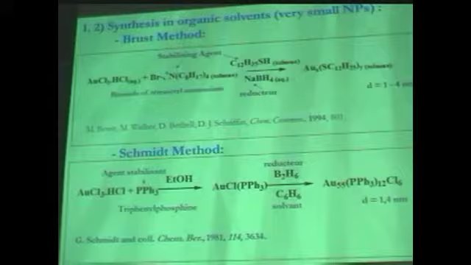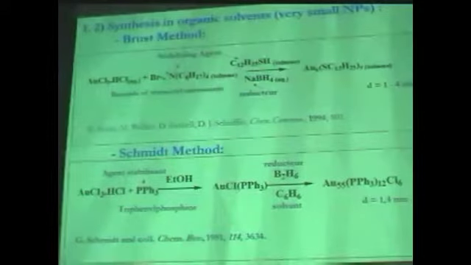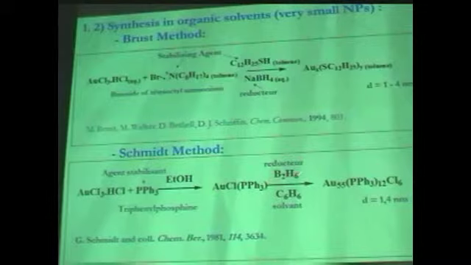With our HAuCl4 precursor and by reaction with triphenylphosphine, we obtain firstly the intermediate molecular precursor, a gold chloride triphenylphosphine complex, and then we reduce this intermediate precursor, and we obtain nanoparticles with very narrow size distribution with 55 atoms overall.